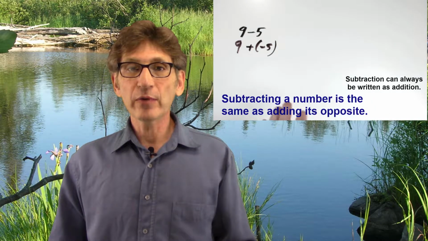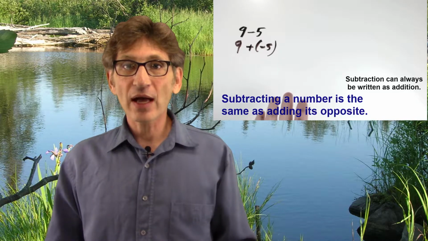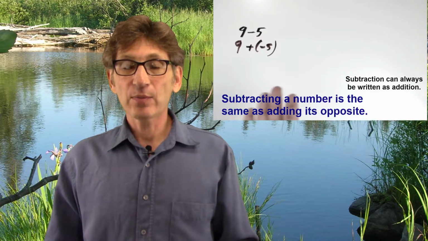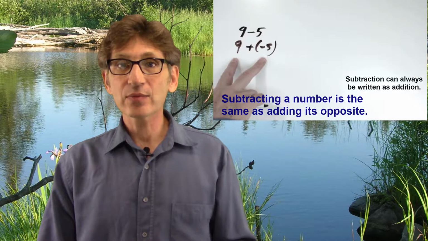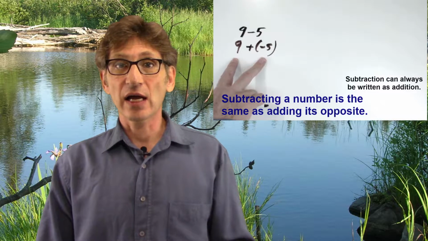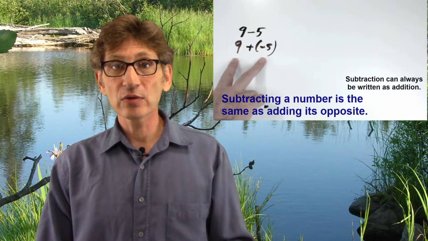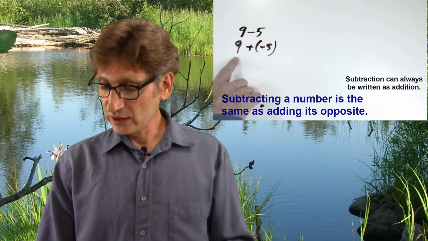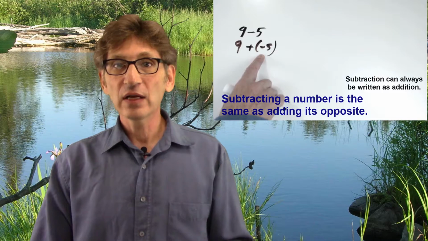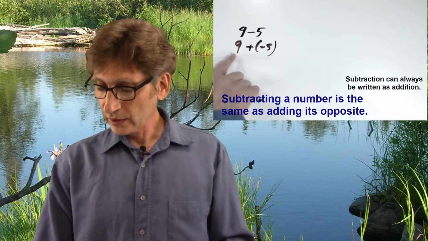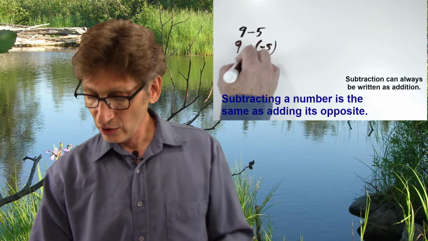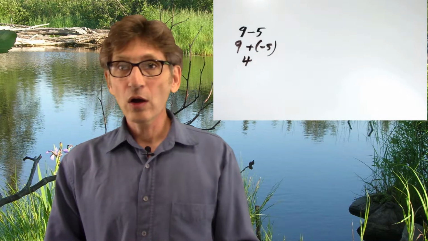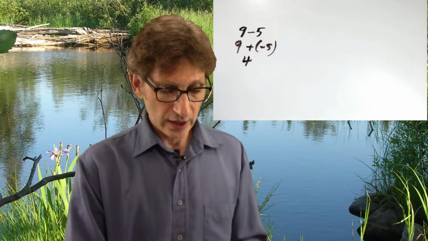Now we have something we know: adding positive and negative numbers. If the signs are different, we subtract the absolute values, and then we take the sign of the number with the larger absolute value. Absolute value of 9 is 9, absolute value of negative 5 is 5, 9 minus 5 is 4. 9 has a bigger absolute value, it's positive, so this gives us 4. Beautiful.